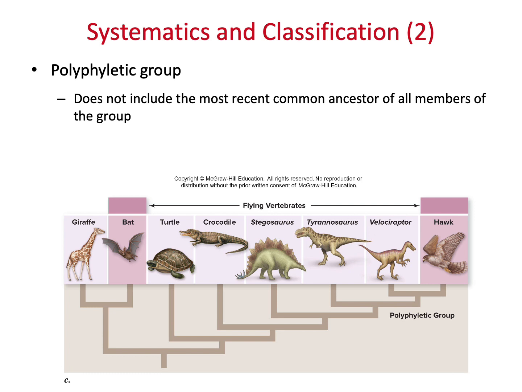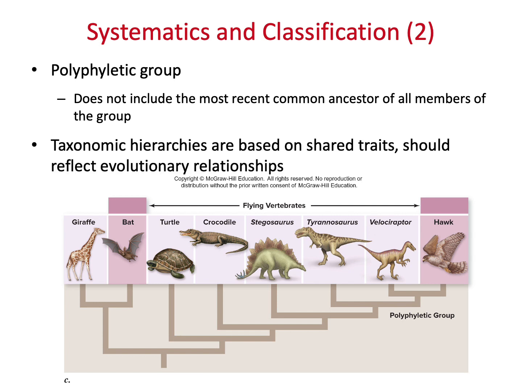So taxonomic hierarchies are based on shared traits and they should reflect evolutionary relationships. However, traditional taxonomic groups do not fit well with new understanding of phylogenetic relationships, such as birds and reptiles.